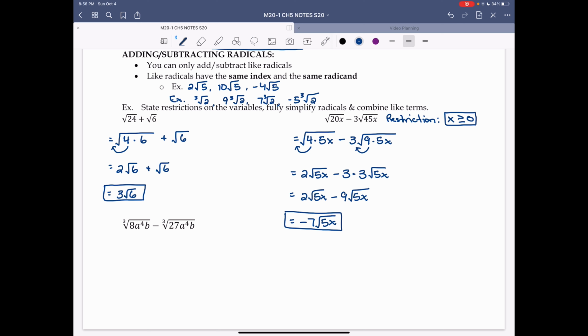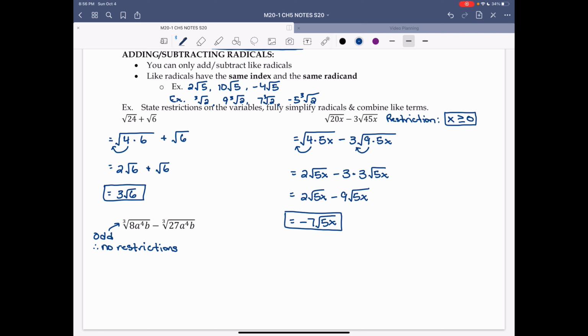Last one, the cube root of 8a to the 4b minus the cube root of 27a to the 4b. Restrictions: well, we have an odd index, therefore we have no restrictions, because we can have negative numbers under cube roots or fifth roots or any odd root. We want to simplify. What's the biggest perfect cube that divides 8?